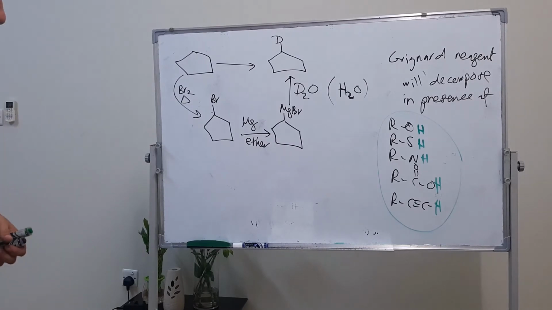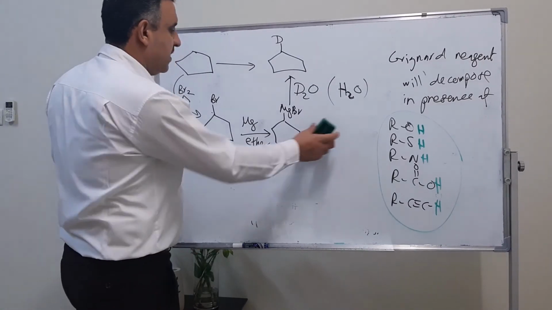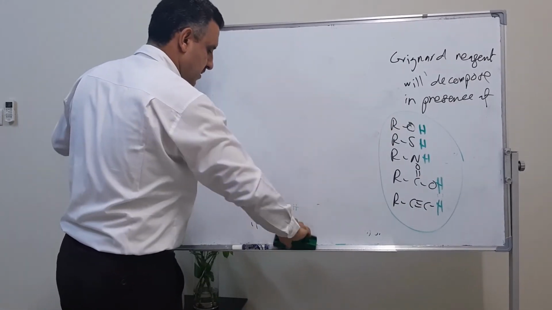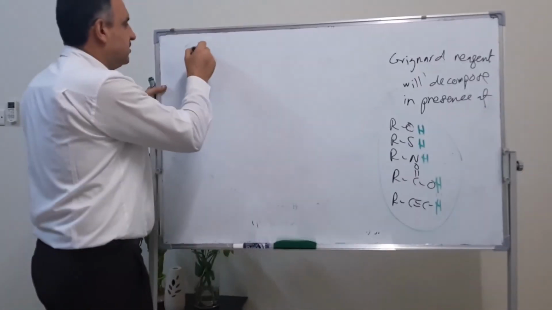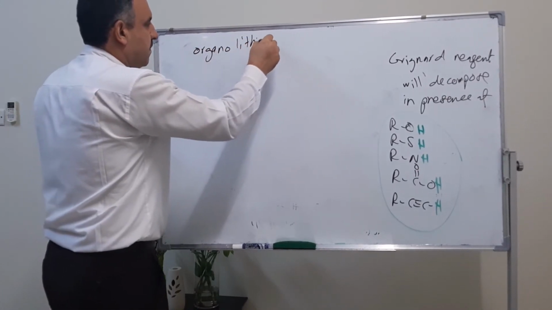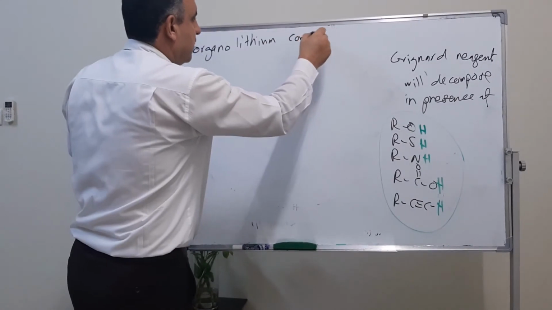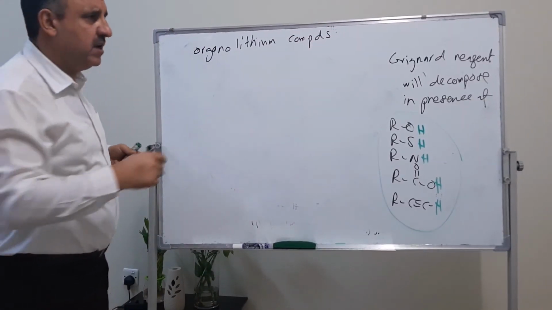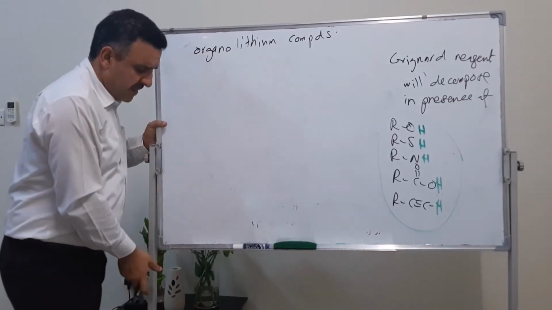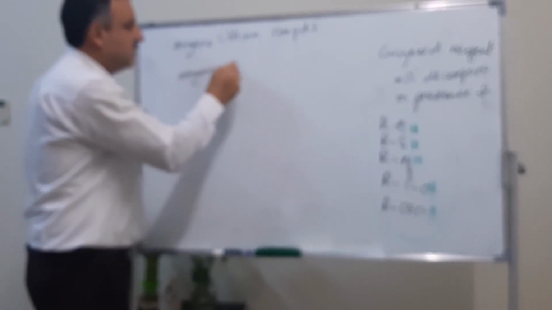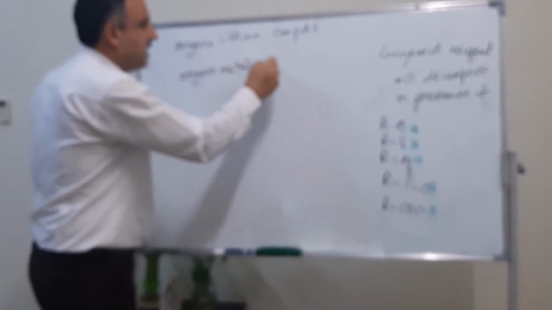Now let's move to another section, which is the organolithium compounds. In principle, this falls under a general title in organic chemistry which we call organometallic compounds.